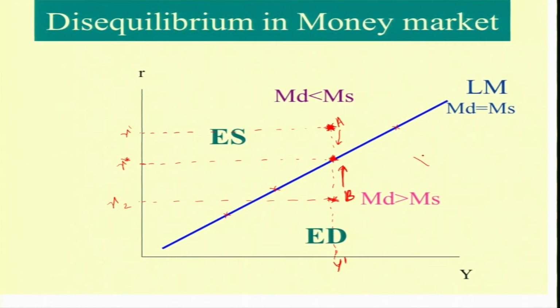Any point, for example C or D or E, is not going to be the equilibrium position. For any point below the LM curve there is upward pressure on the rate of interest, and for any point above the LM curve there is downward pressure on the rate of interest, so that money demand is equal to money supply.